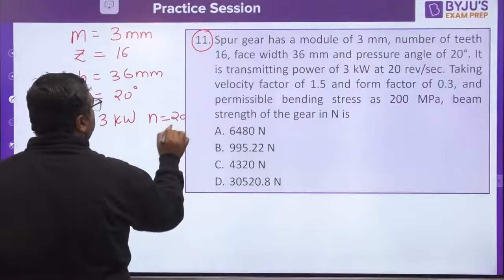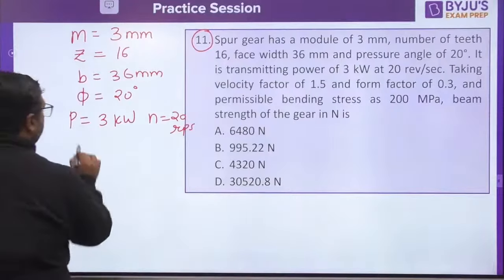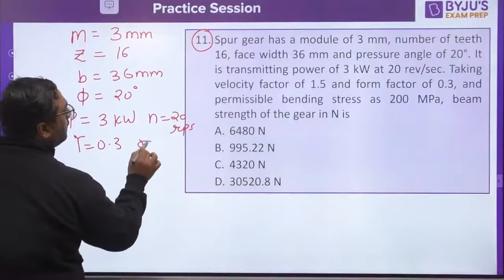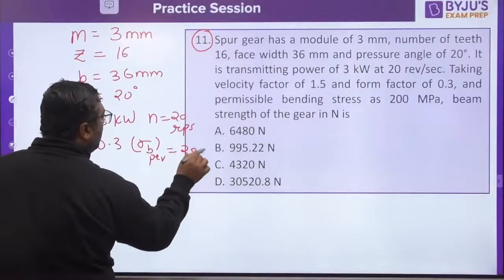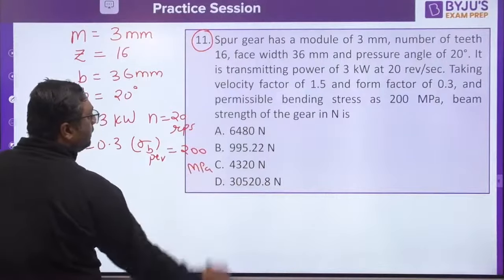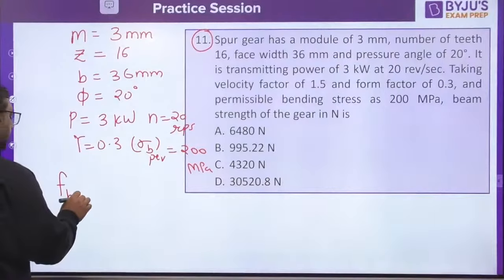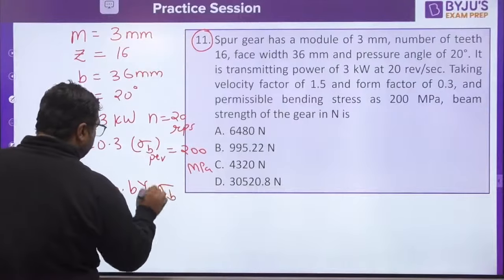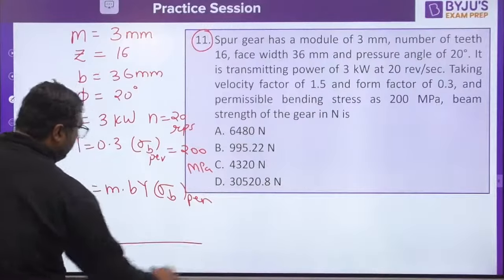N is 20 RPS. Form factor 0.3. Sigma B permissible 200 MPa. Find out the beam strength, m b y sigma B permissible. You need to find out this.